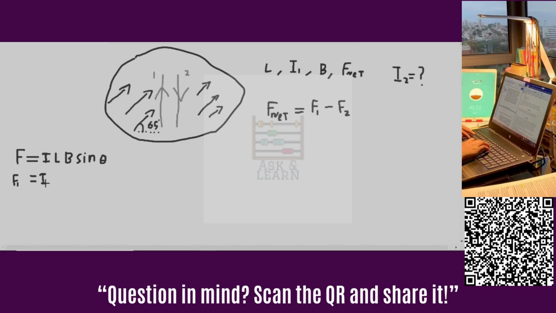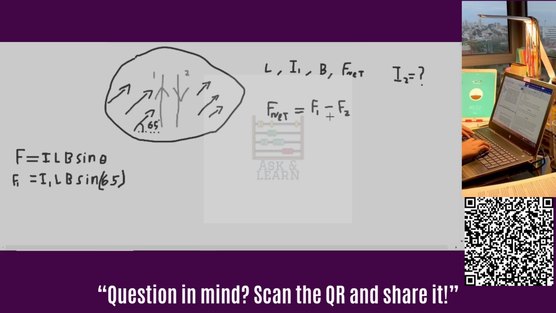So really the only thing that's going to be different is the current here, because they both have the same length and they are both in the same magnetic field at the same angle. So you simply have to plug in those values to this equation using 65 as your angle, sine of 65. And then you'll have your F1.